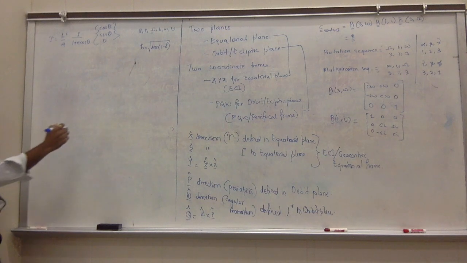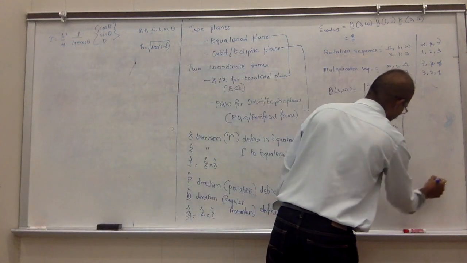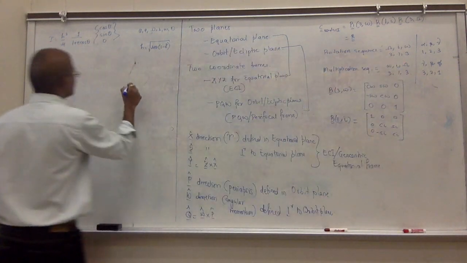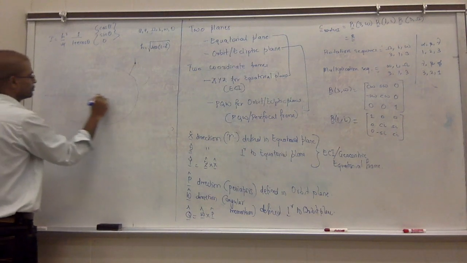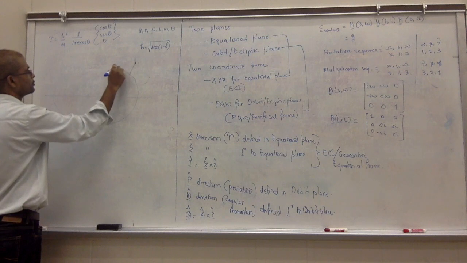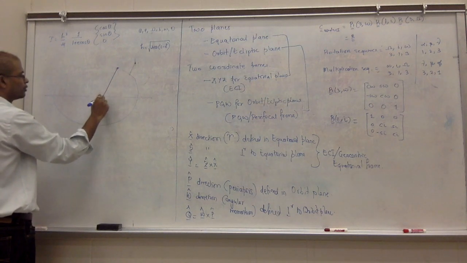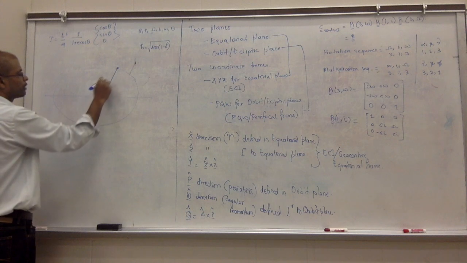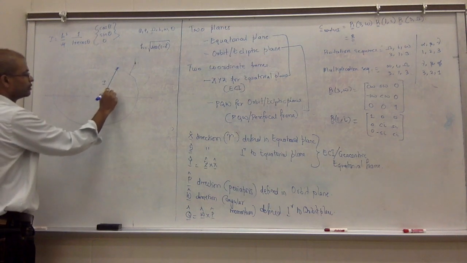You remember? See this H, R is what? R is the position vector, right? So let's say this is a position. Okay, this is your focus. This is your R vector. This is theta.